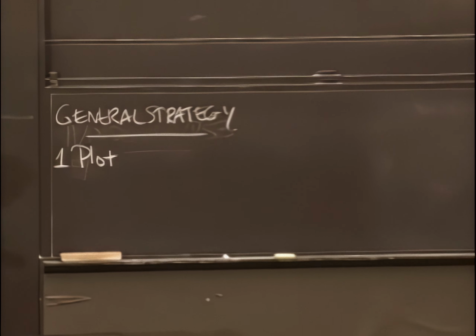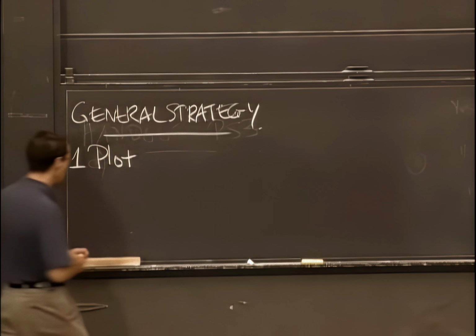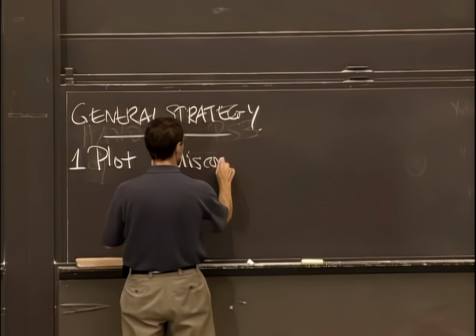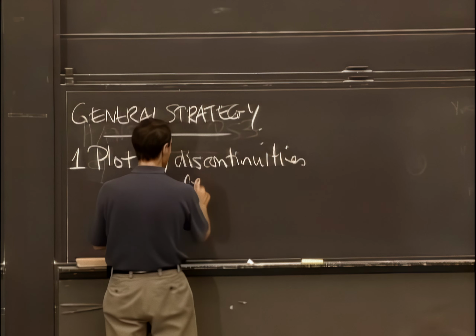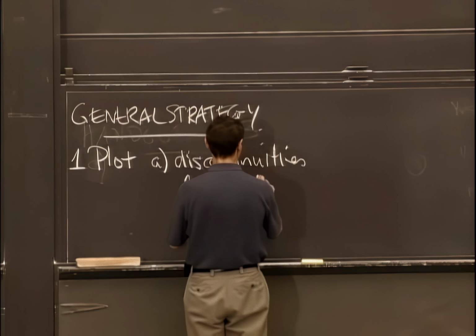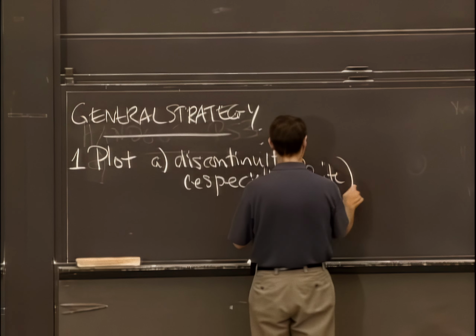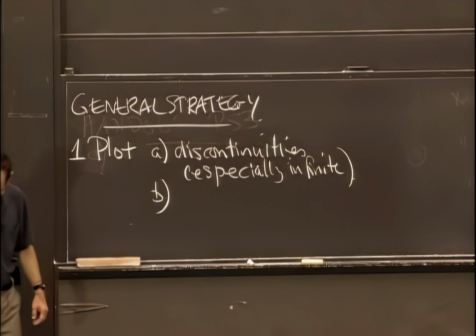So plot. What is it that you should plot first? Before you even think about derivatives, you should plot discontinuities, especially the infinite ones. That's the first thing you should do.